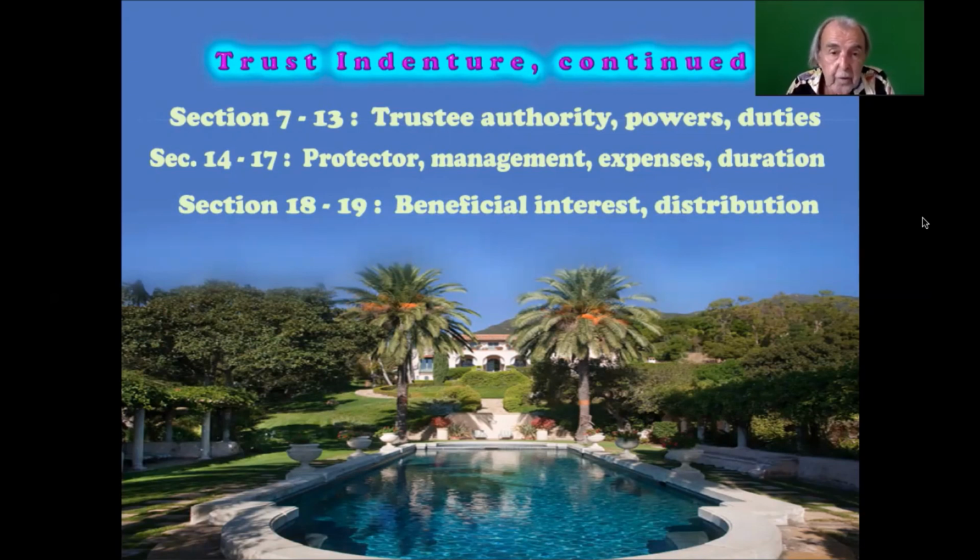Now, if you happen to have a nominee grantor and you are one of the co-trustees, then you really don't need to have a protector, because it's up to you to make sure that these assets are protected and enhanced. So it's kind of a moot point, but it's always there.